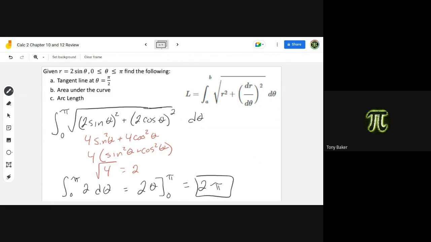If you write 2 pi in your paper, I'm not giving you credit for it, though. You have to show me the work.